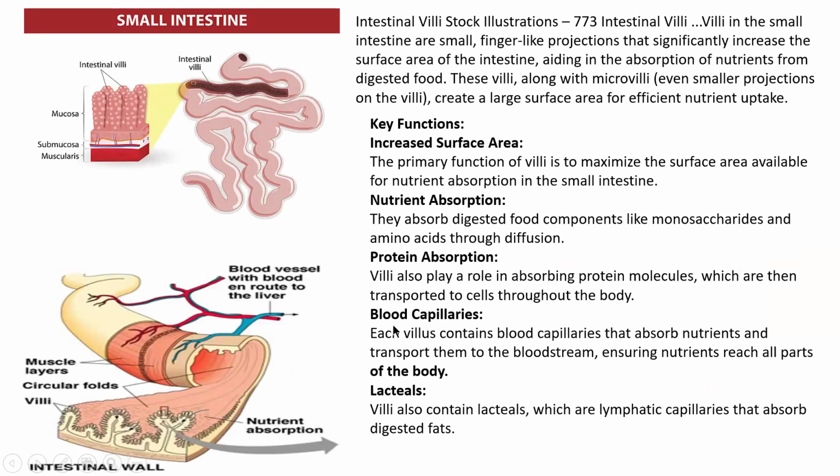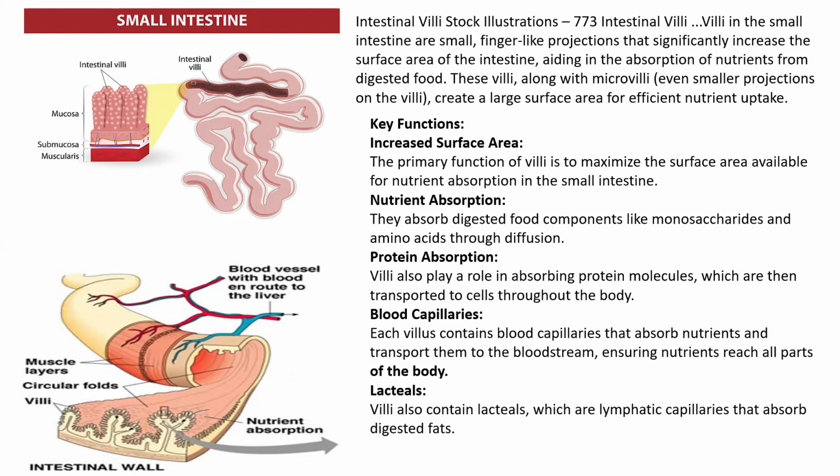Villi also contain blood capillaries, which absorb nutrients and transport them to the bloodstream, ensuring all the important nutrients reach different parts of our body. Most important point, villi consist of lacteals, which are lymphatic capillaries. Lacteals help in the absorption of digested fats.